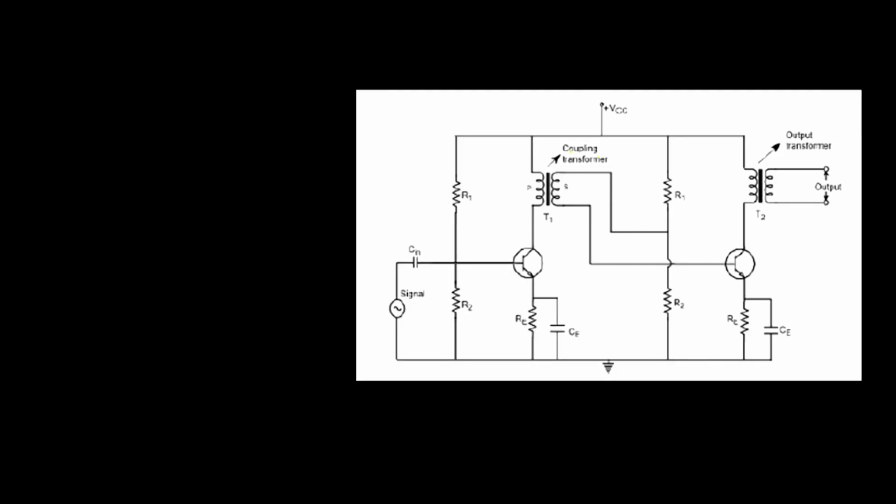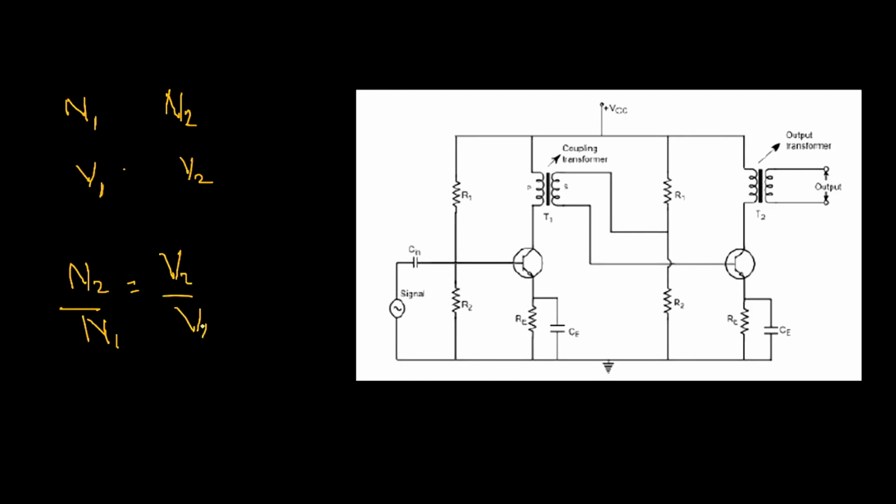And the last one is transformer. So we know that transformers can already be used for amplification using the number of turns on one side. If you have N1 turns on this side and N2 turns on this side, your V1 voltage gets amplified to V2, where N2 by N1 is equal to V2 by V1.